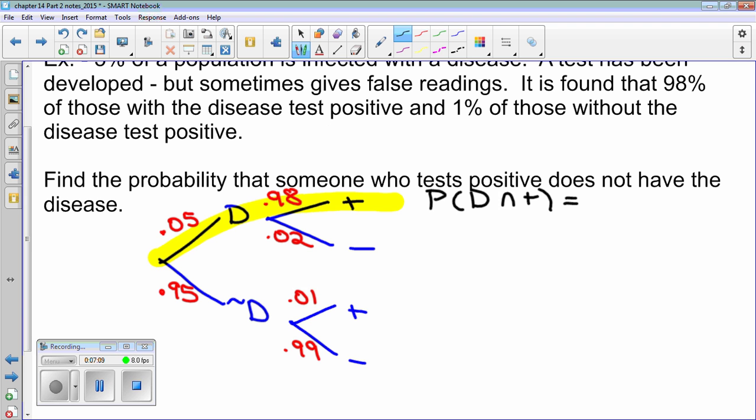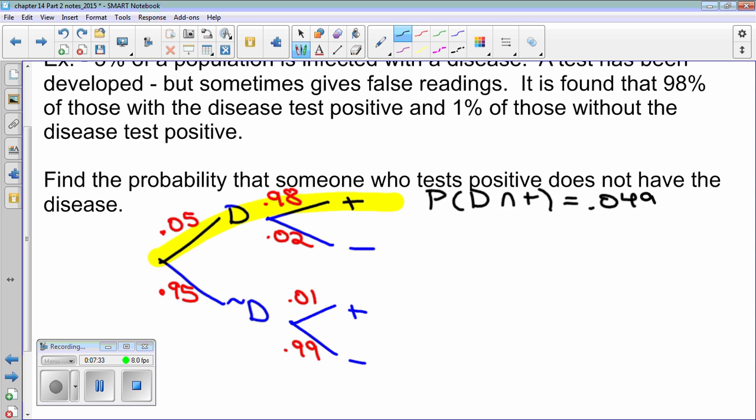What is 0.05 times 0.98? You guys have your calculators out? I get 0.049.